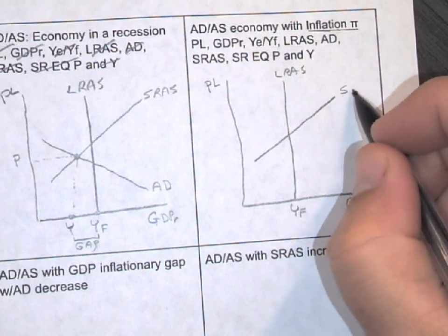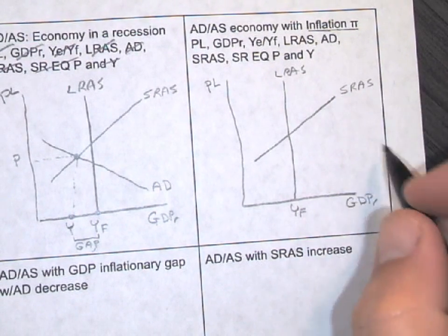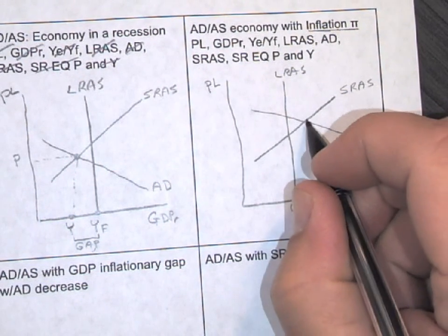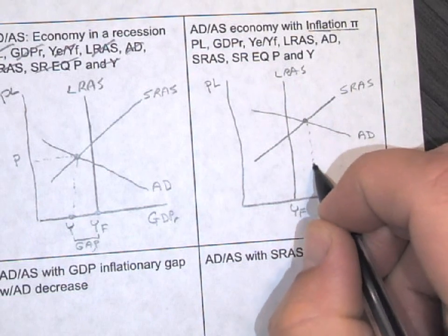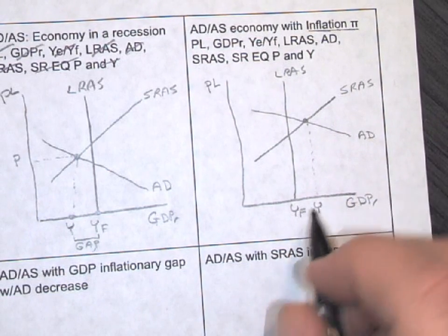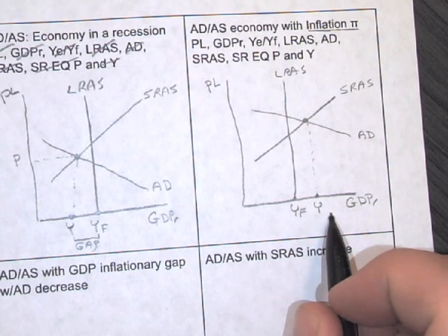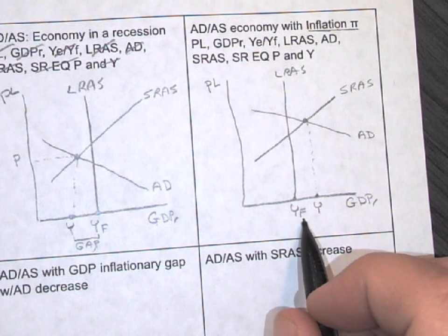So now we have our short run aggregate supply, and we have our aggregate demand. They're in short run equilibrium, but they are past full employment. So we're producing at a point further than our full employment GDP.